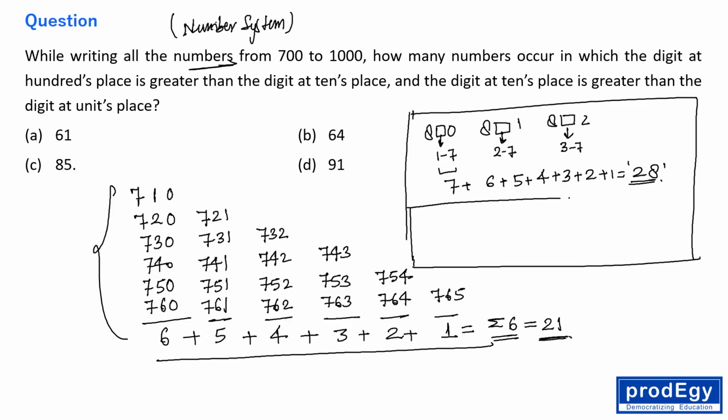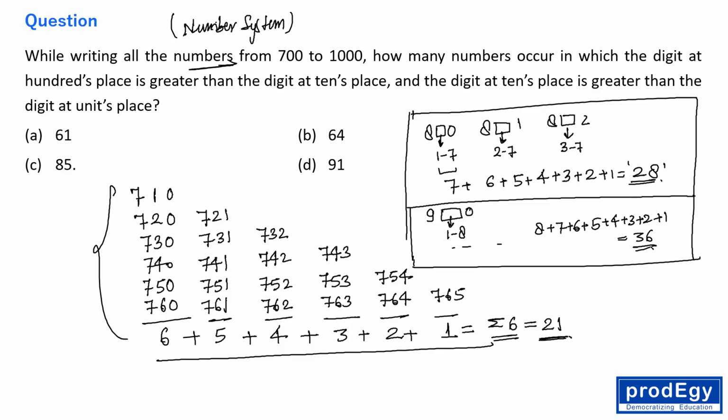And similarly, if we talk about 9, so 9, 0, so this can be anything from 1 to 8, right? Okay, so in the similar fashion, this will be 8 plus 7 plus 6 plus 5 plus 4 plus 3 plus 2 plus 1, which is 36, right?